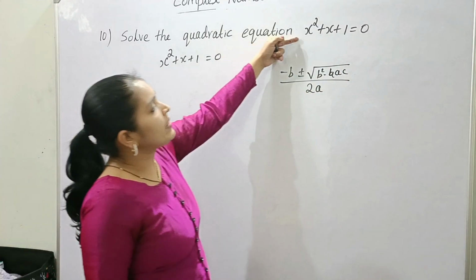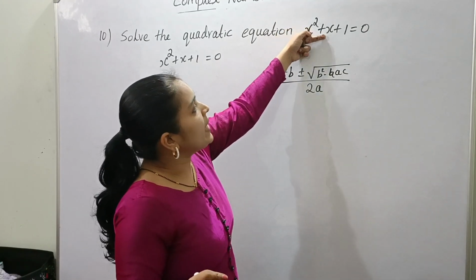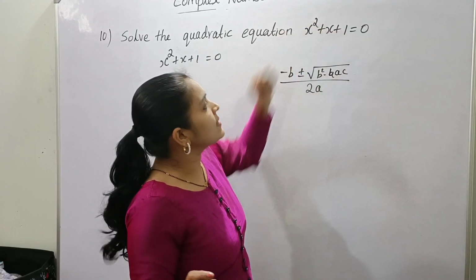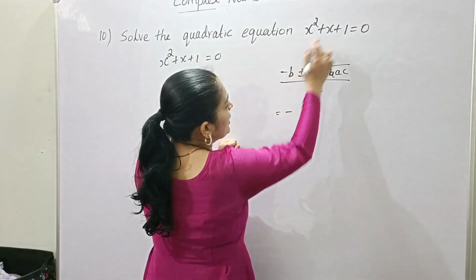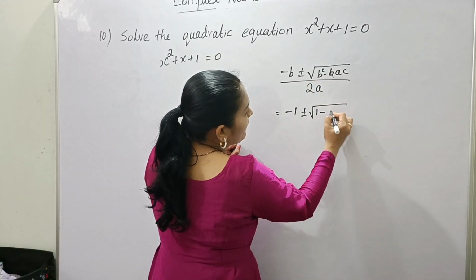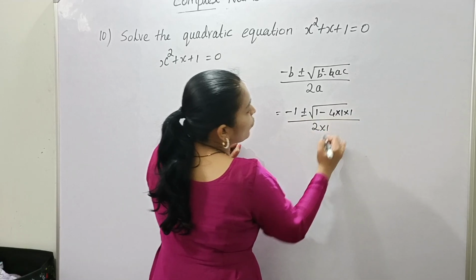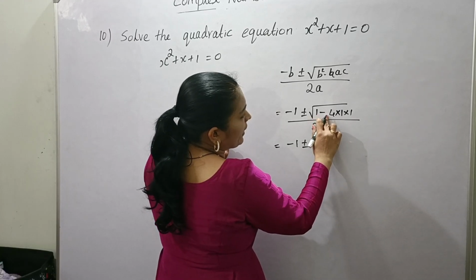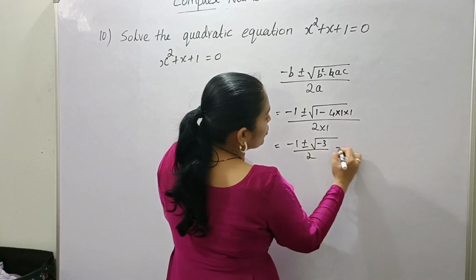So here what is the value of a? a is the coefficient of x square, that is 1. b is the coefficient of x, that is 1, and c is the constant term, that is 1. So substitute the values. Minus b is minus 1, plus or minus root of 1 square minus 4 into 1 into 1, divided by 2 into 1. That is minus 1 plus or minus root of 1 minus 4, so 1 minus 4 is minus 3, divided by 2.